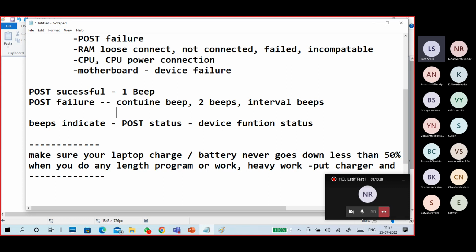the thing is, for beep sounds, check the BIOS related menu, company documents.